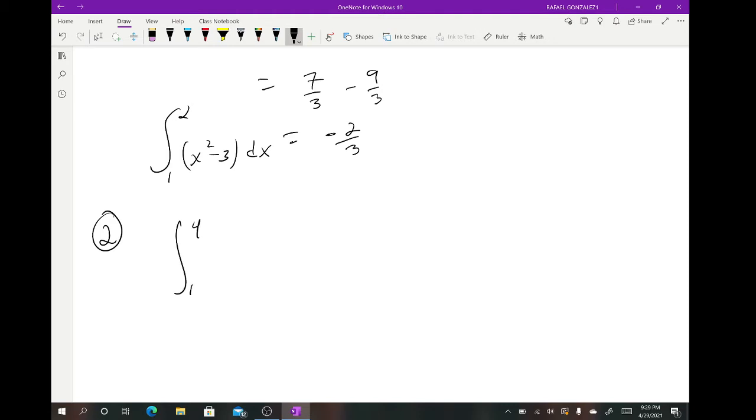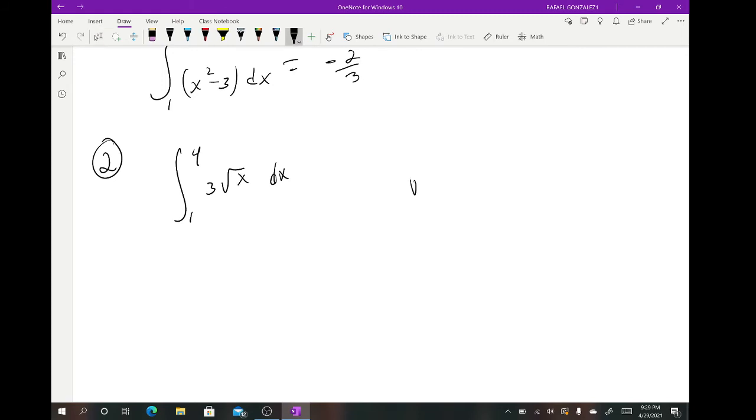So this time we have the definite integral from 1 to 4 of 3 times the square root of x dx. Now, much like before, the first thing you should do is to rewrite this.